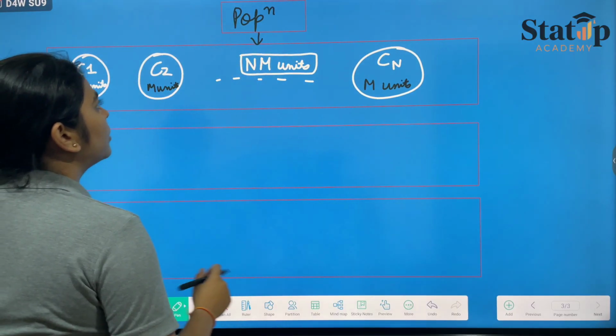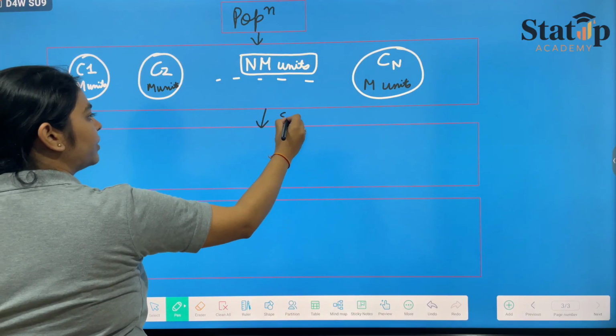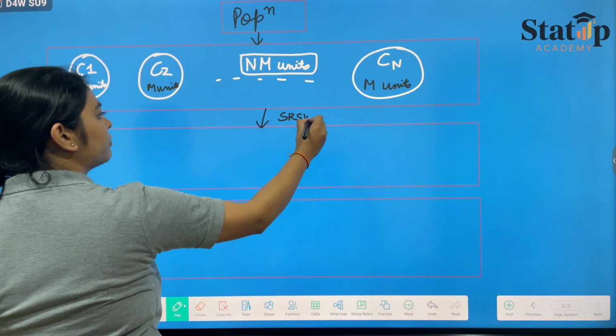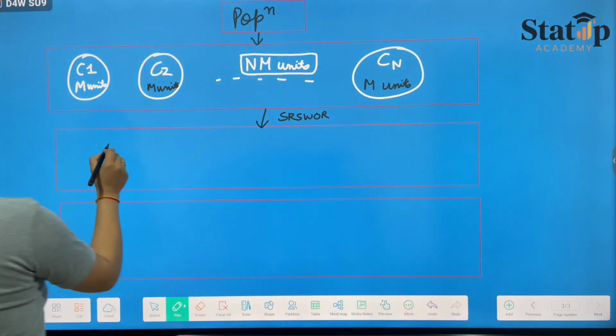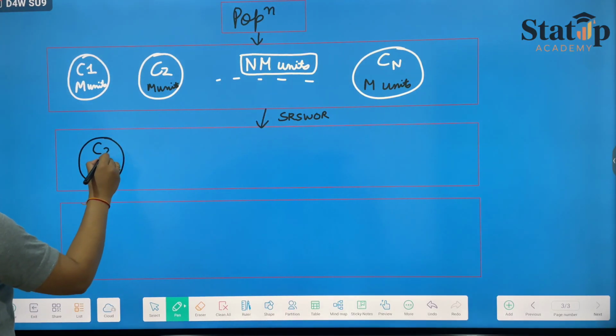Right? Now from this population we will select our stage 1 sample with simple random sampling without replacement. Suppose we have selected cluster 2.